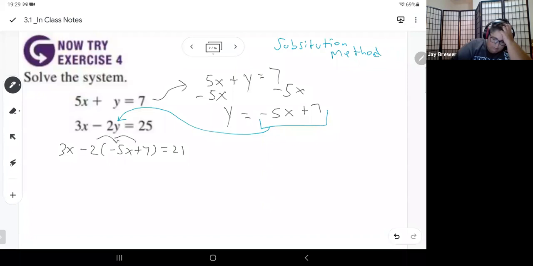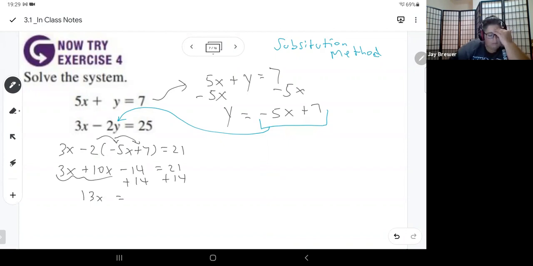We're going to distribute. So we're going to have 3x minus negative 2 times a negative 5, which gives us positive 10x minus 14 equals 21. We're going to add 14 to both sides. This gives us 13x.